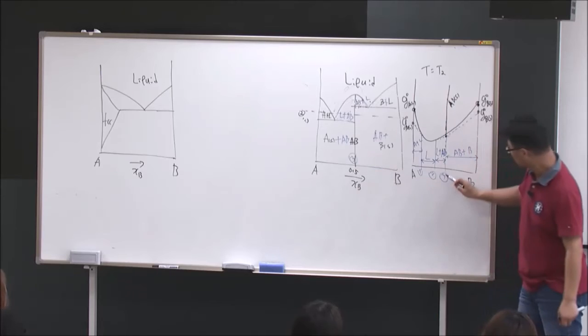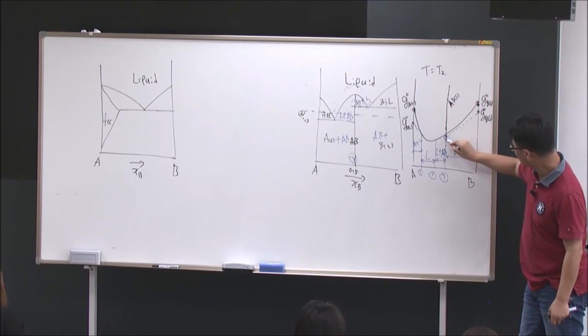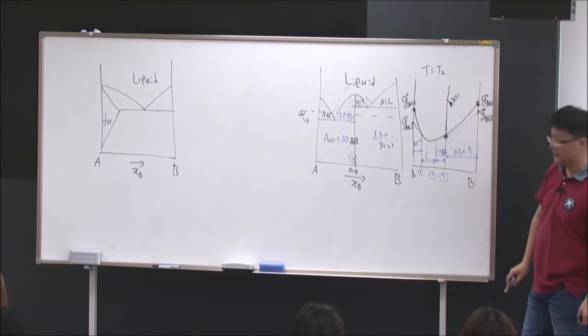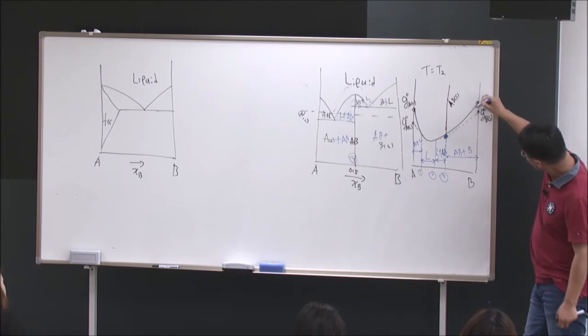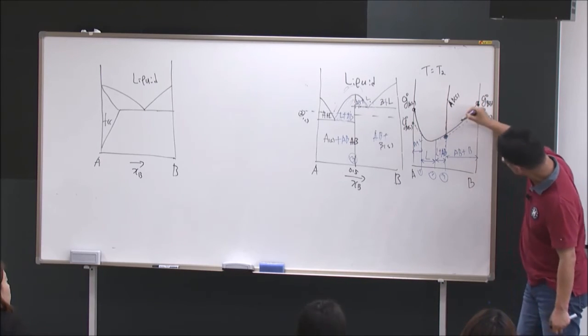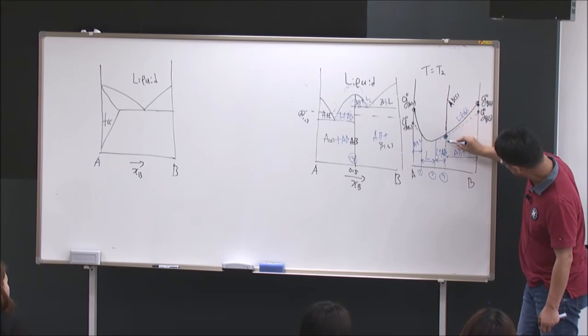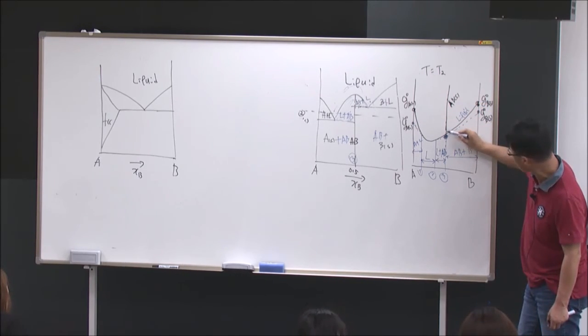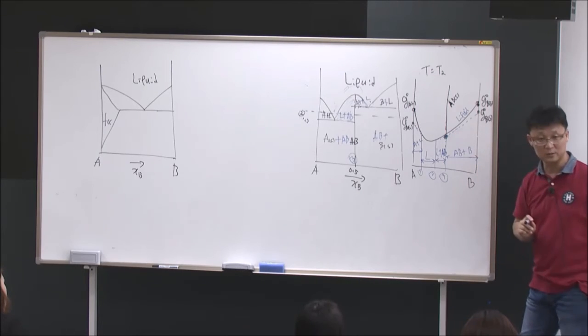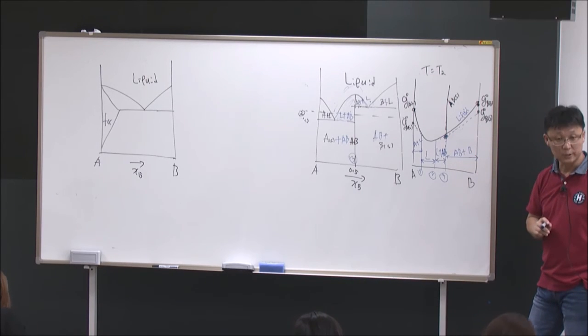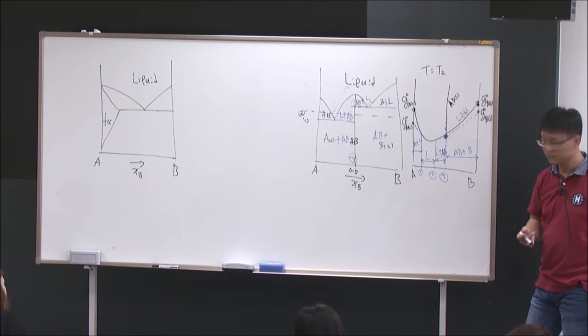At 0.5, you have the Gibbs energy of AB solid, which is lower than the Gibbs energy of liquid. So at 0.5, at least solid AB is lower than the Gibbs energy of liquid itself. So solid AB is stable.